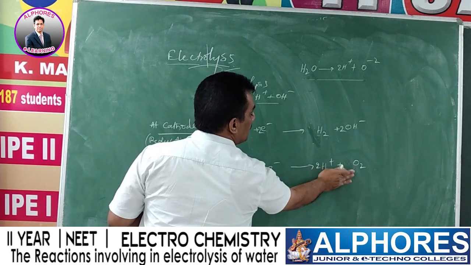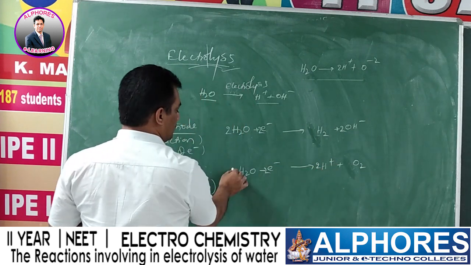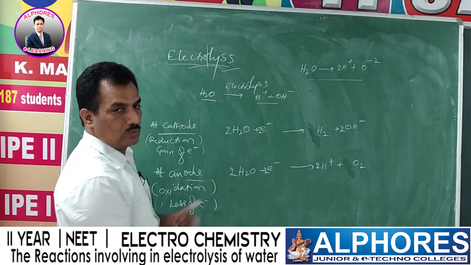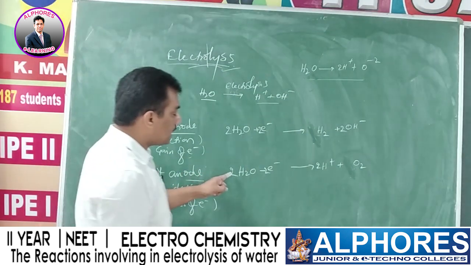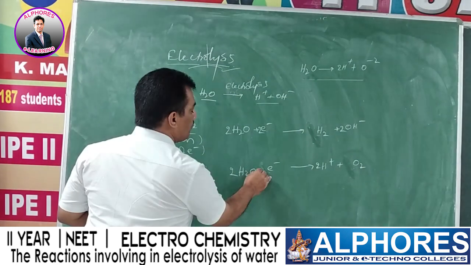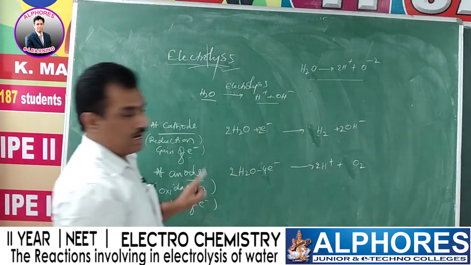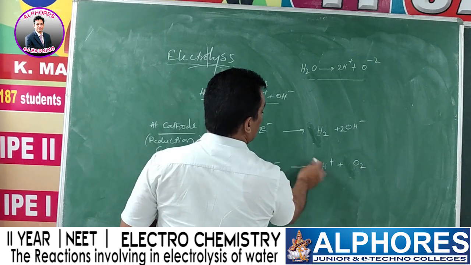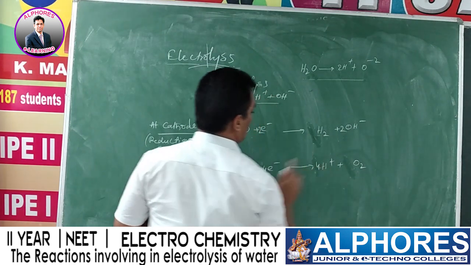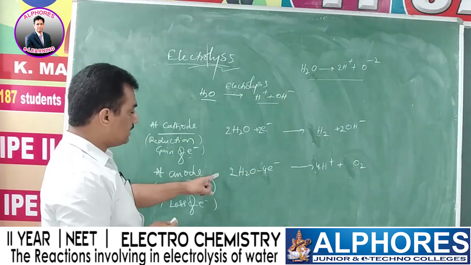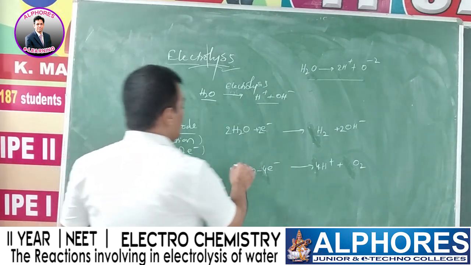And here, where it is half O2, let us make it into O2, and for that purpose we have to make this 2 water molecules. From 2 water molecules, 4 electrons are released, and by releasing 4 electrons it gives 4 H plus and O2. Are you clear with this one?